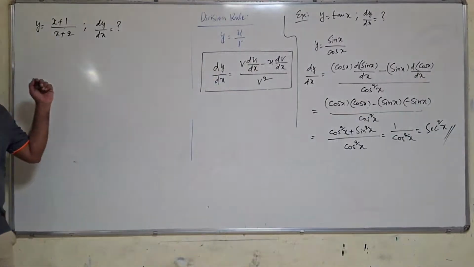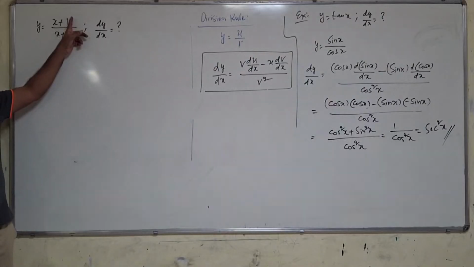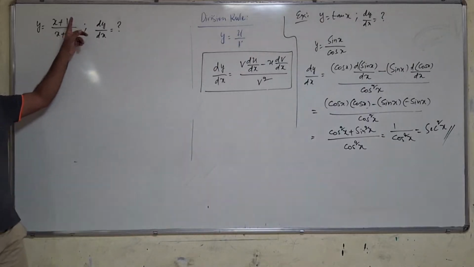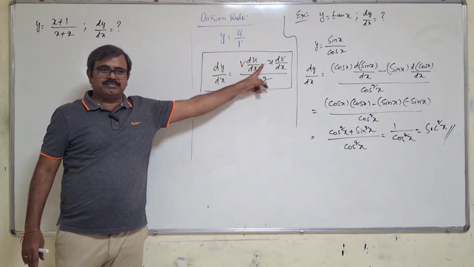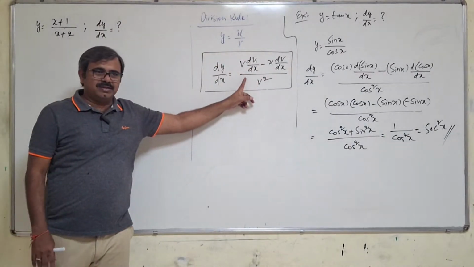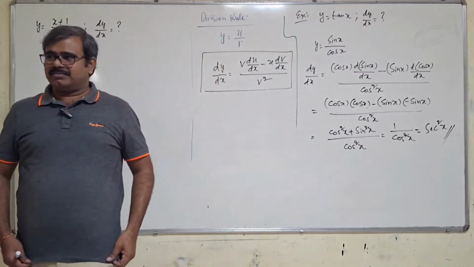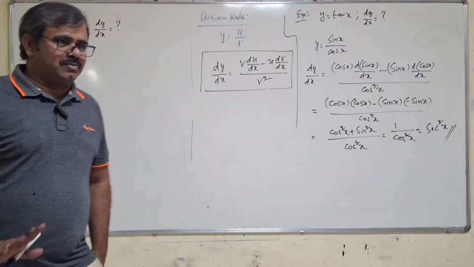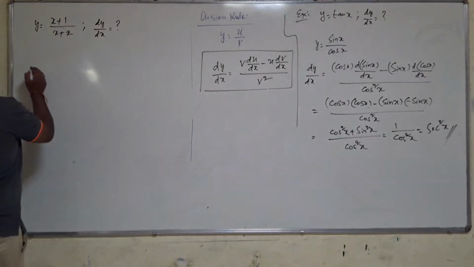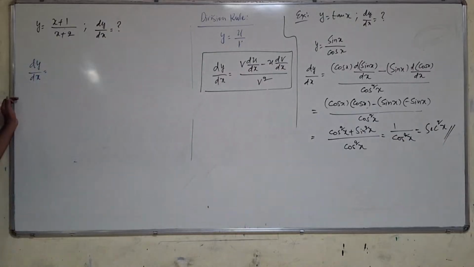All right, listen to me. You have to just substitute x+1 in place of u here and substitute x+2 in place of v and carefully simplify. That's all you have to do. Listen to me please, even if you have done it.